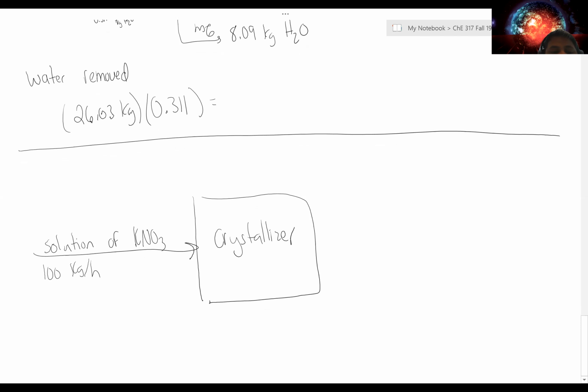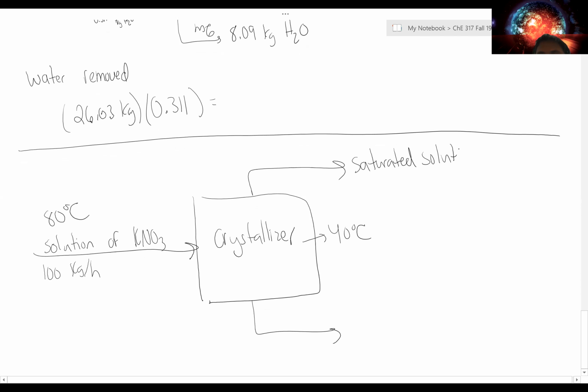Currently this solution's at 80 degrees Celsius, and my crystallizer's operating at 40 degrees Celsius. So what I'm going to end up with is a saturated solution and dry crystals.